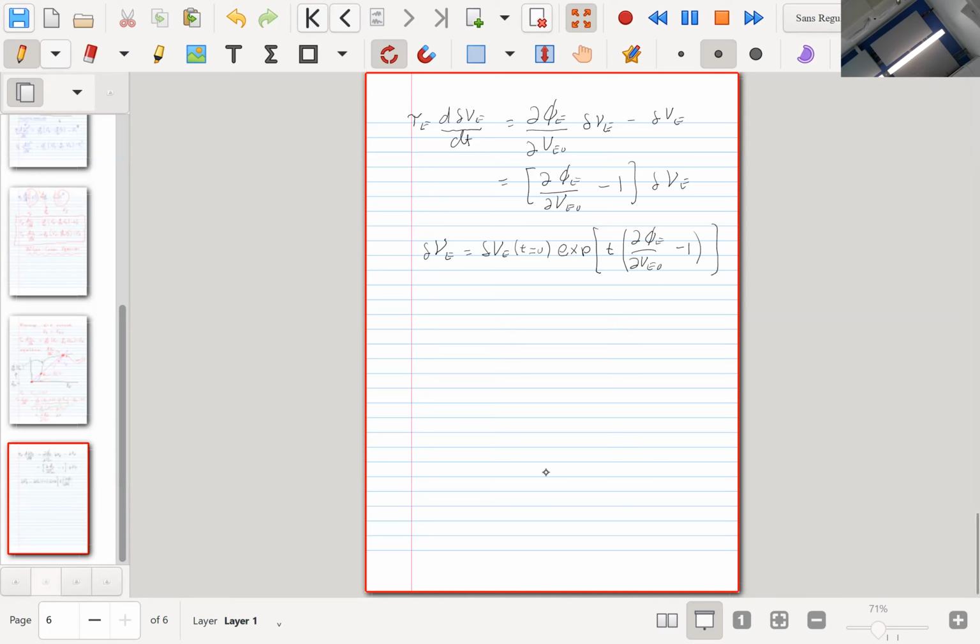Okay, that's a solution. So the sign of this is super important. Positive: unstable fixed point. Negative: stable fixed point.